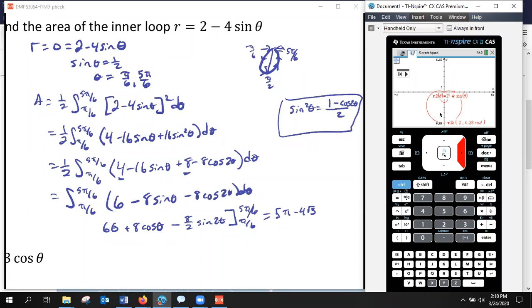Wouldn't it be negative root 3 over 2? Yes. So negative root 3 over 2. So we have 4 square root of 3 over 2. So that'd be 2 square root of 3. You guys agree with that?